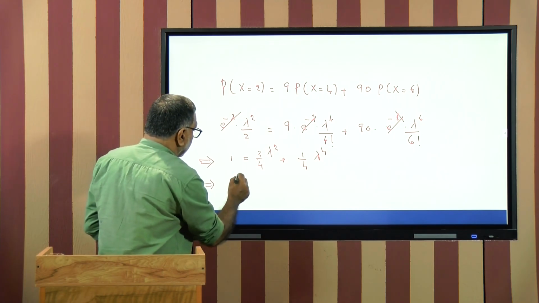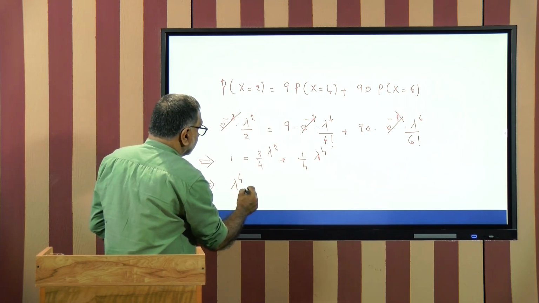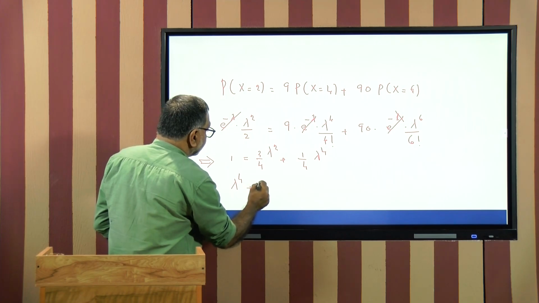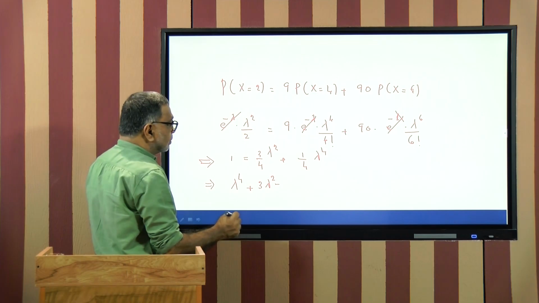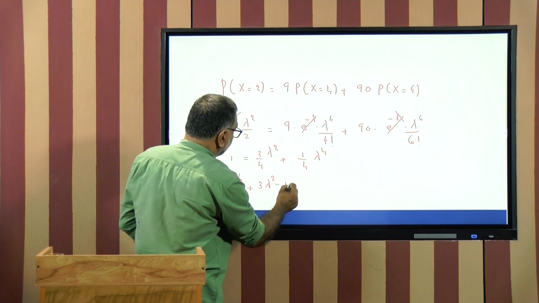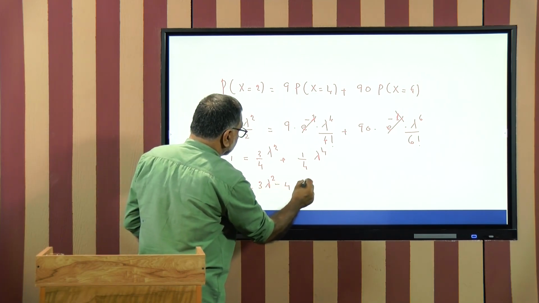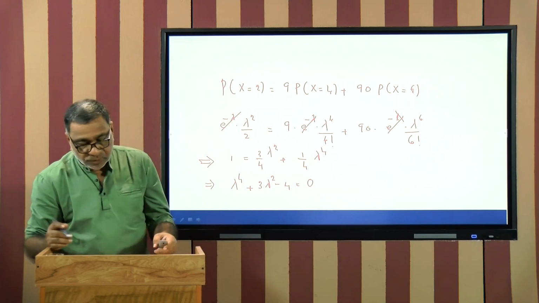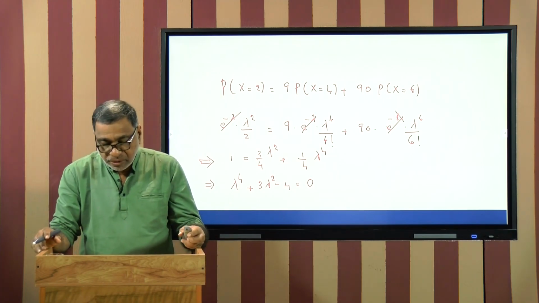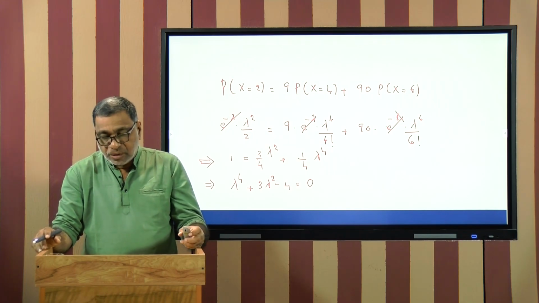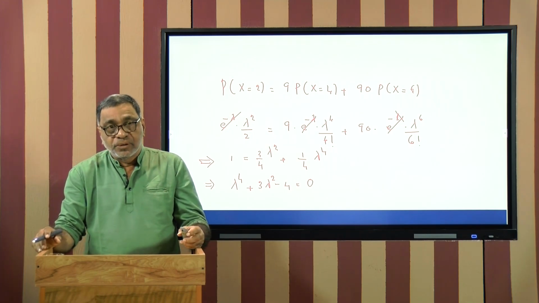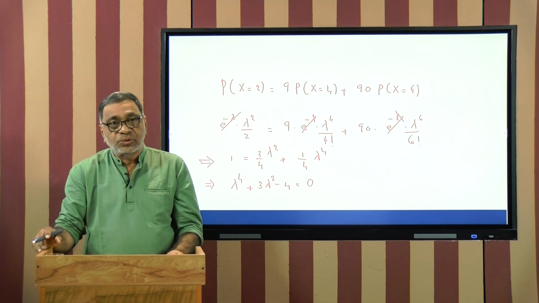That can be written in another form: lambda power 4 plus 3 lambda square minus 4 is equal to 0. So, 3 by 4 lambda square plus lambda power 4 divided by 4 minus 1 is equal to 0.